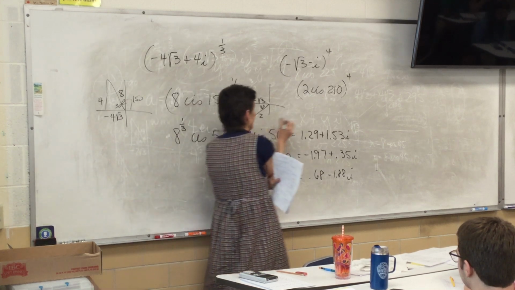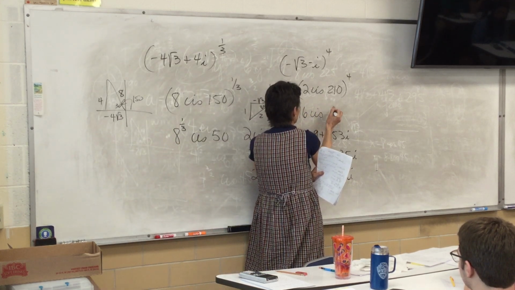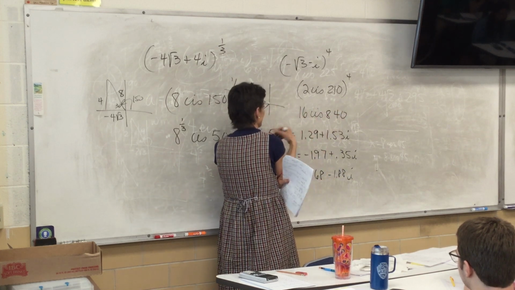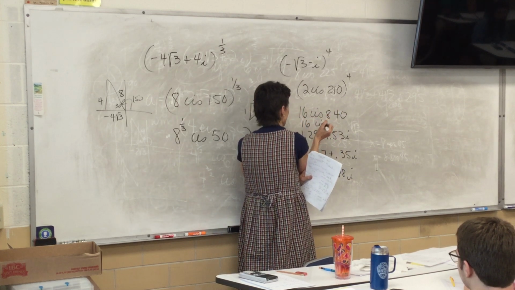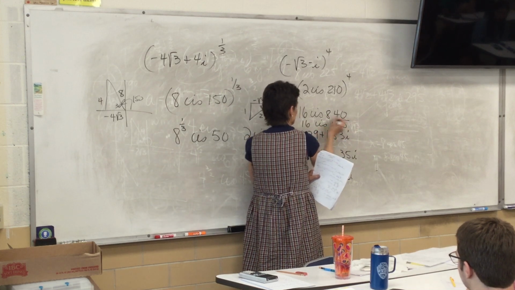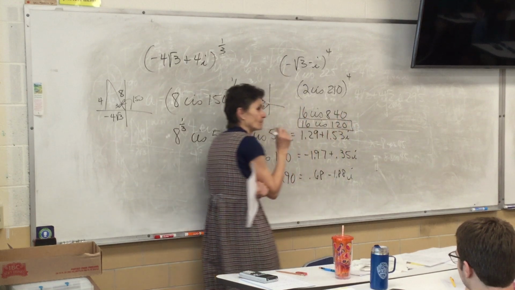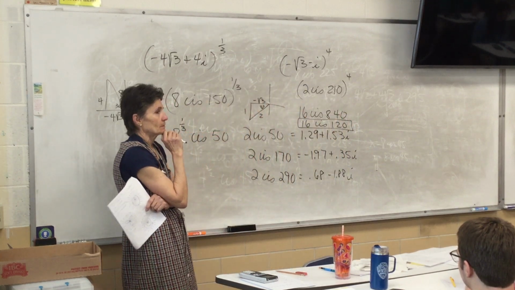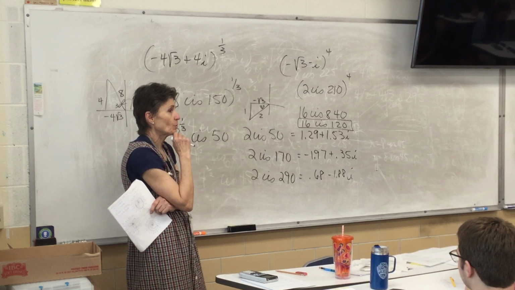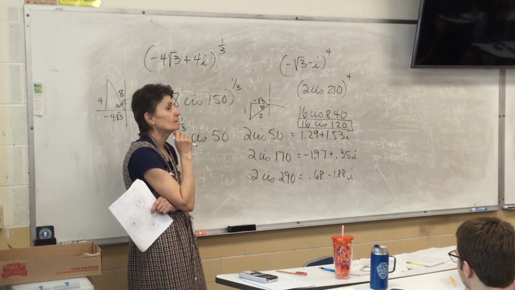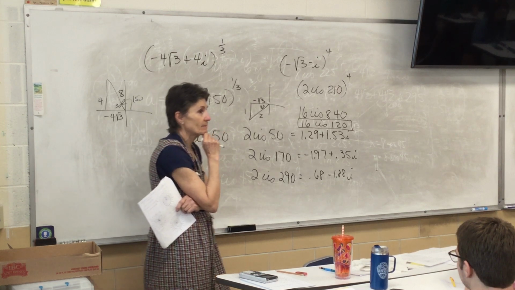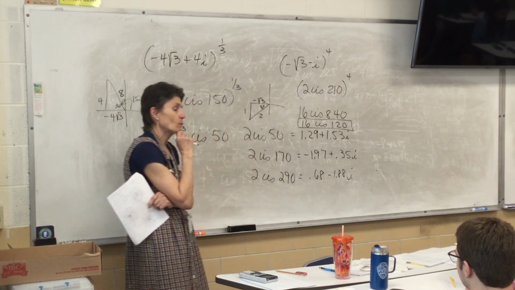So then when I do DeMoivre, I get 16 CIS 840, which is way too big of an angle, so that's gonna be 16 CIS 120. And that's my polar form, but where's 120 degrees, David? Quadrant 2? So that's why y is positive, because the answer is in quadrant 2.